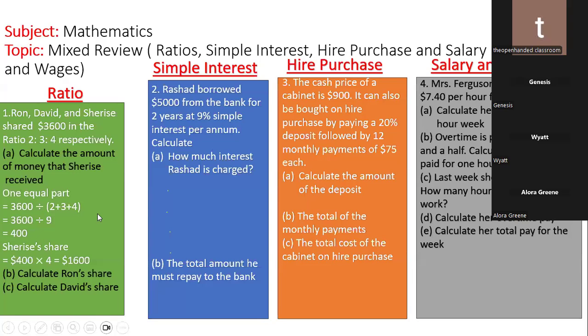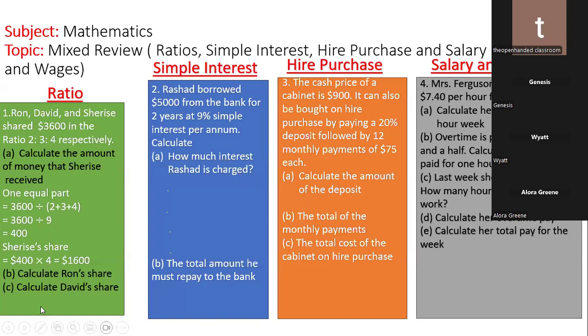Why did I divide it by 9? Because all of the ratio parts added together makes 9. Good. So we have 3,600 divided by 9, which gives us what? 400. Very good. Then we're going to take that 400 and multiply it by what?